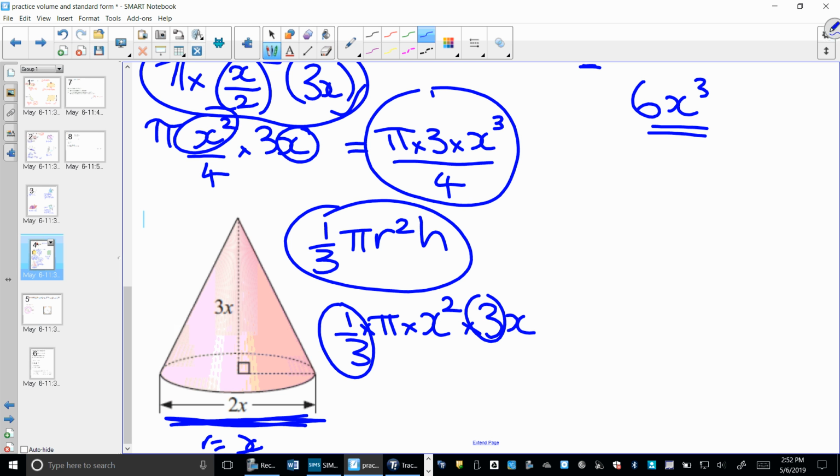So this is 3/3, that's just 1. 3/3 multiplied by pi multiplied by x squared multiplied by x, which is x cubed. Now what's 3 over 3? 1. So do we need to write that? No, so it's just going to be pi x cubed.